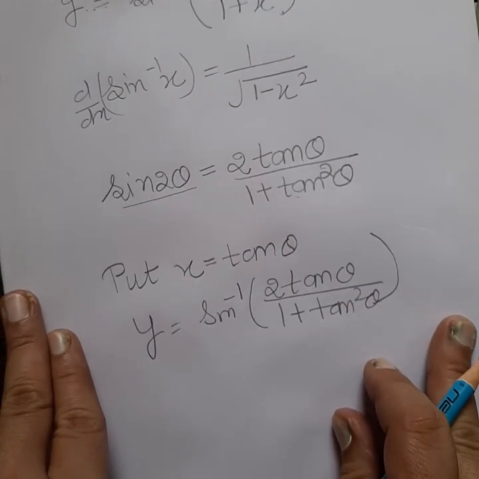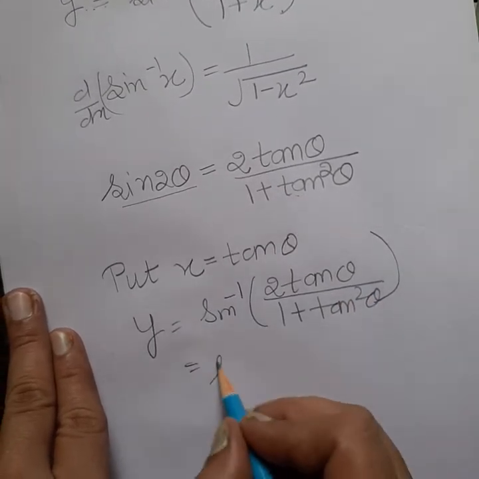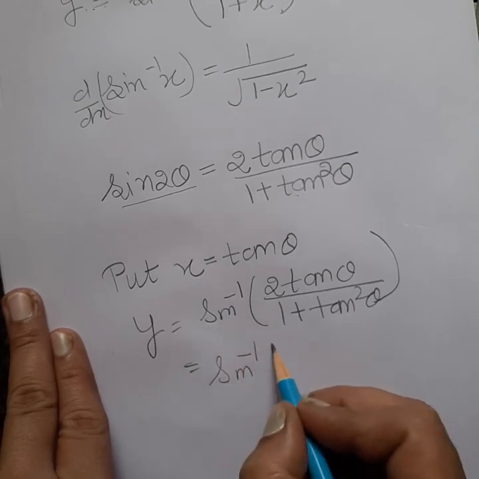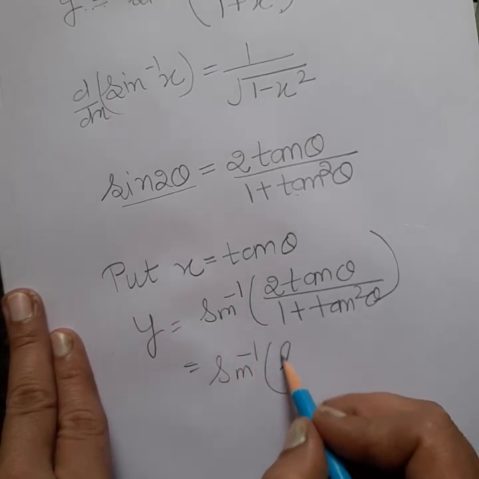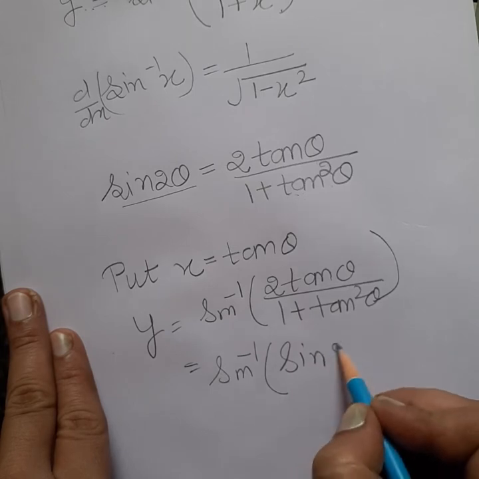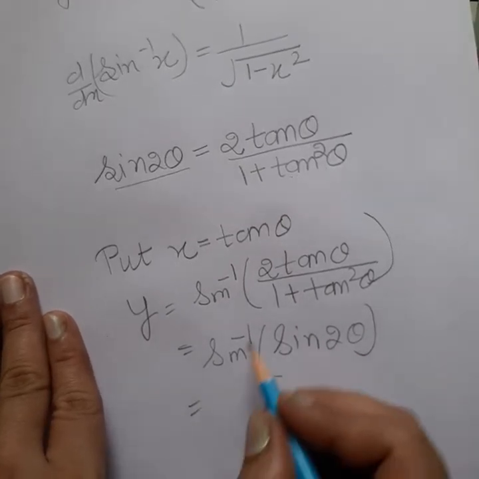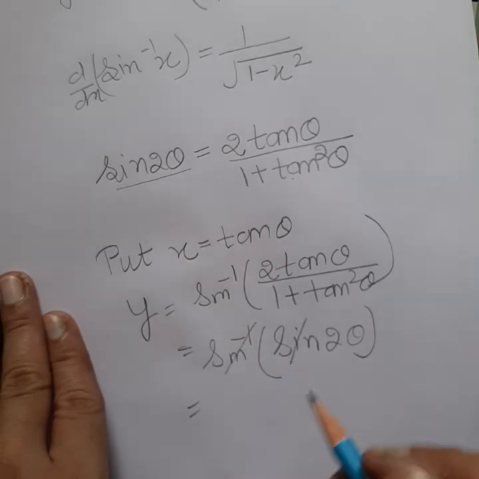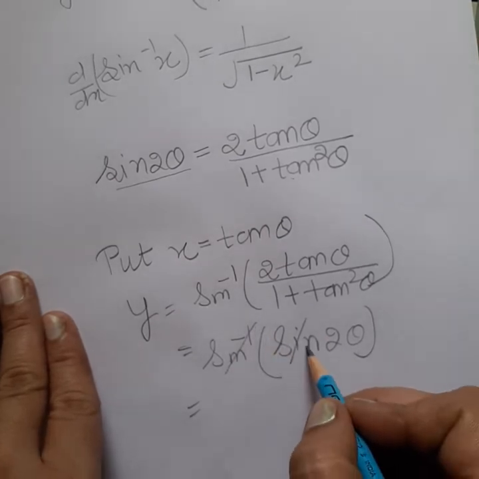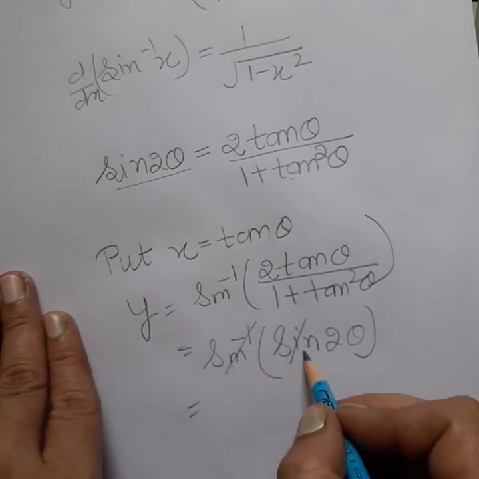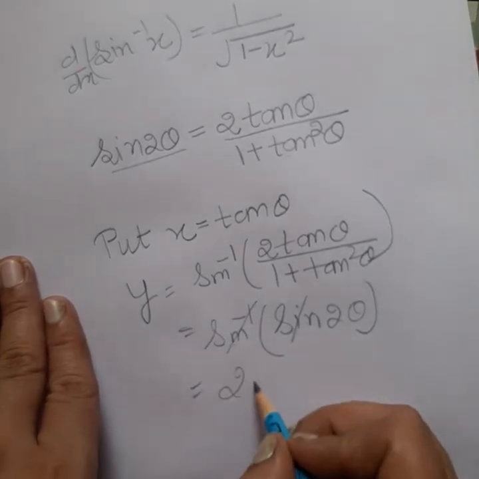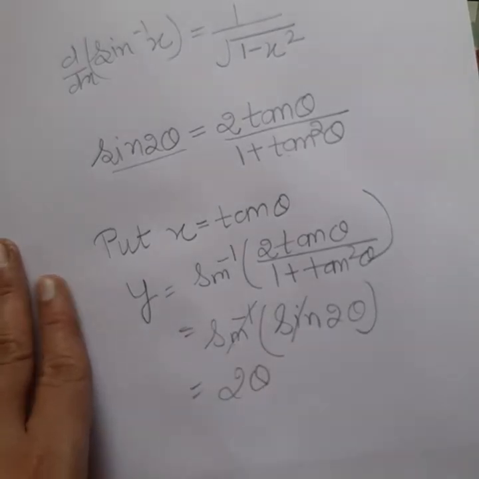In this way you get sine inverse sine 2 theta, because this is equal to sine 2 theta. Now after cancelling, because this is sine inverse and this is sine, we cancel these two functions and we are left with only 2 theta.